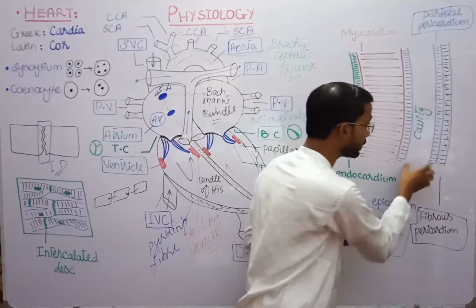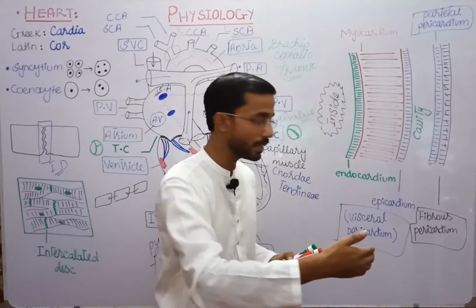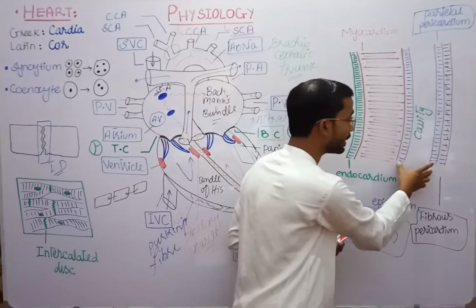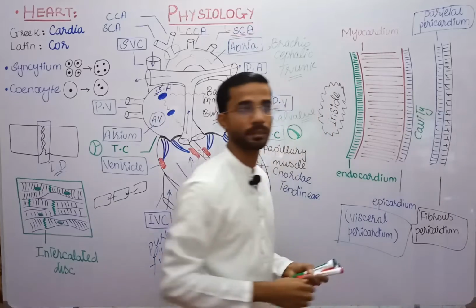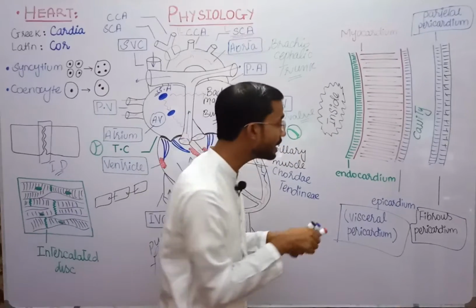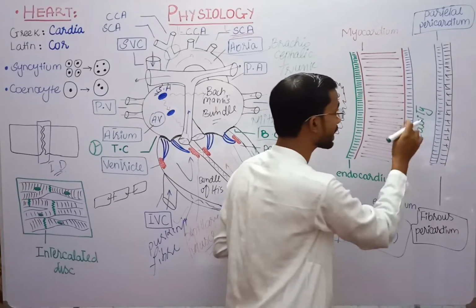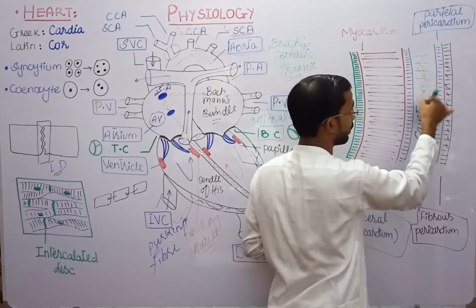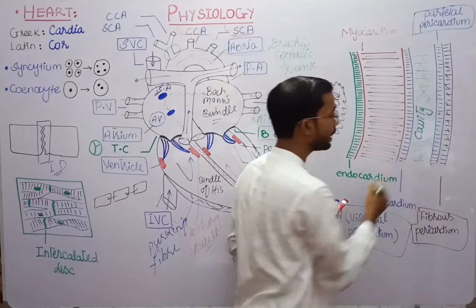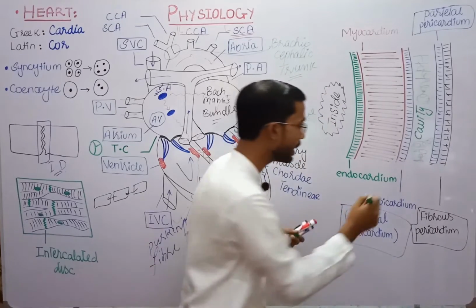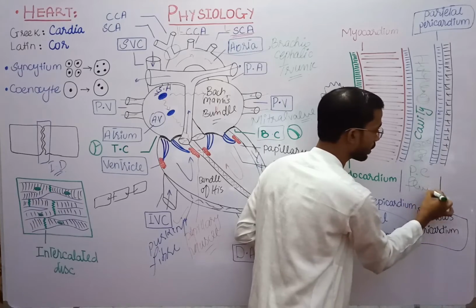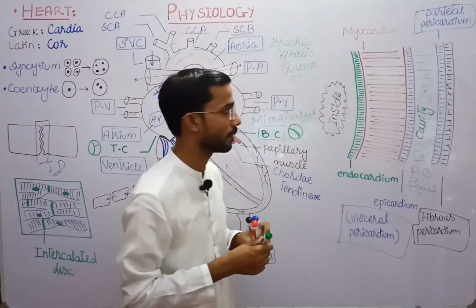Parietal means outside and visceral means inside, and in between the two layers there is a cavity which has fluid in it, which is called pericardial fluid.